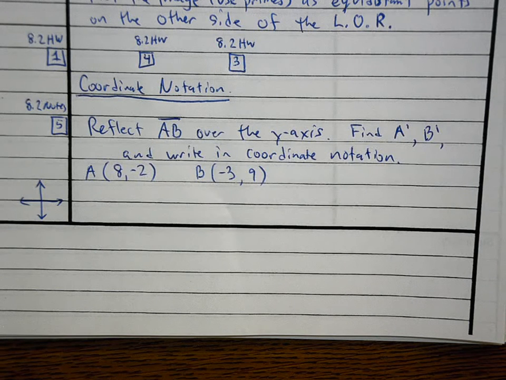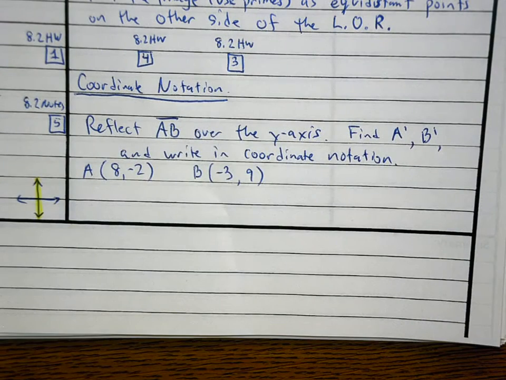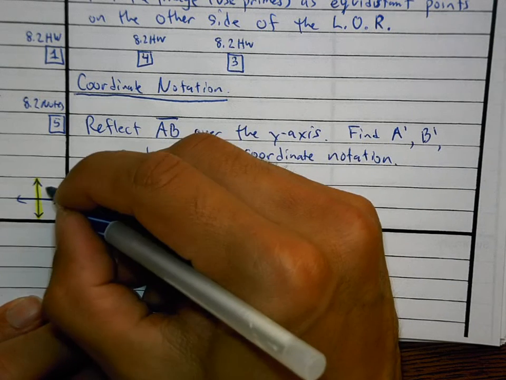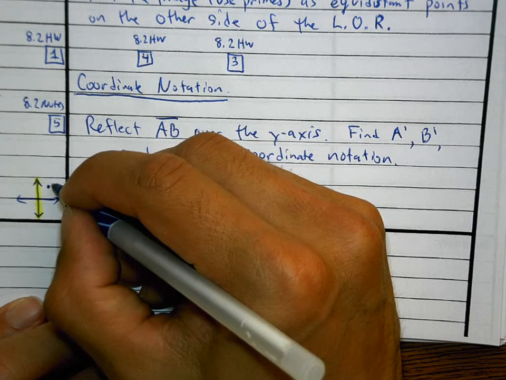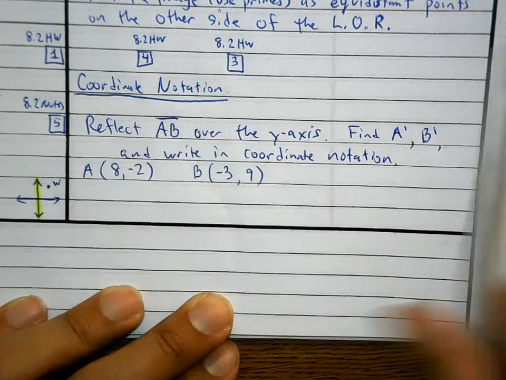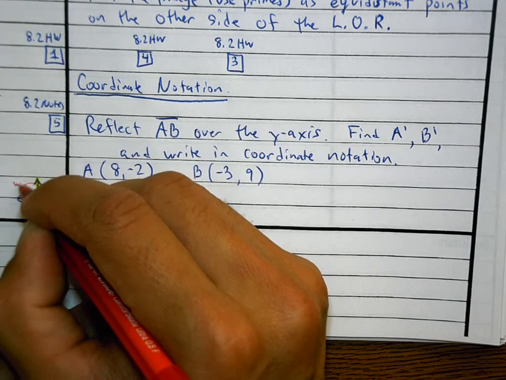Is it the horizontal one or the vertical one? It's this one. I highlighted it in yellow. We're going to reflect something over the y-axis. What that means is, if we have a point on this side, let's call it W, it's going to go over the same distance to the other side and become W prime.